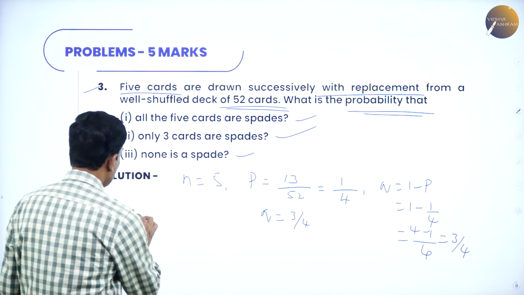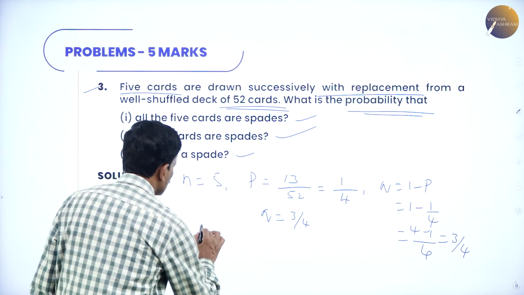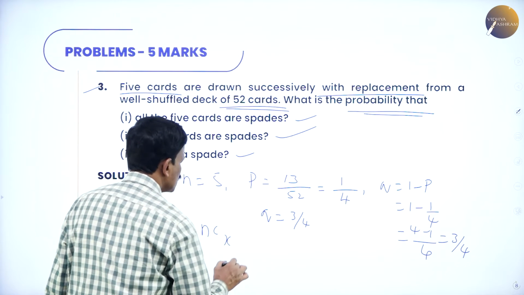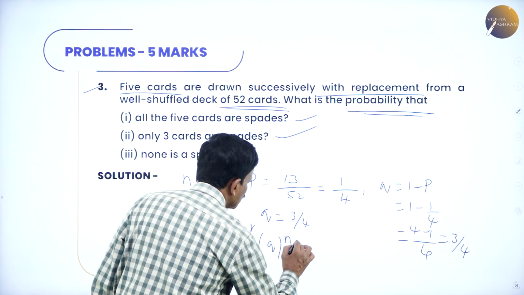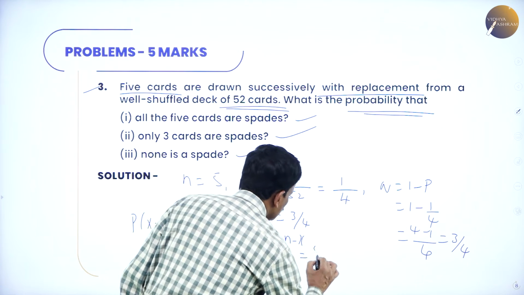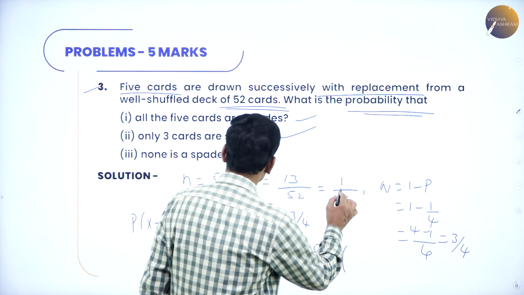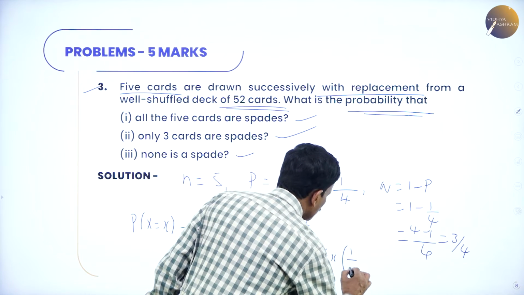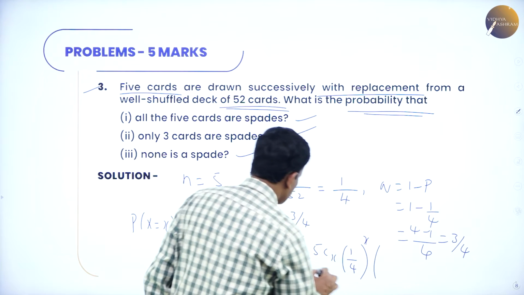Now what is the general formula? Probability of X equal to x is given by nCx P to the power of x into Q to the power of n minus x. So this is equal to, what is n here? n is equal to 5, so 5Cx into P. What is P? P is equal to 1 by 4, so 1 by 4 to the power of x into Q. What is Q?